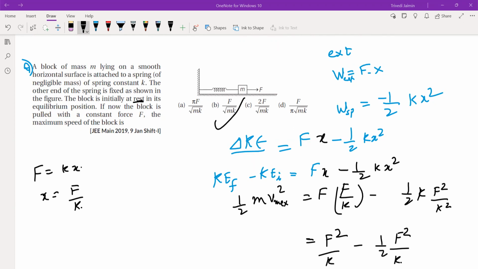Are you able to understand or am I just solving simply? Yes, are you able to understand what I'm doing? Okay, Anish said yes. What about others?